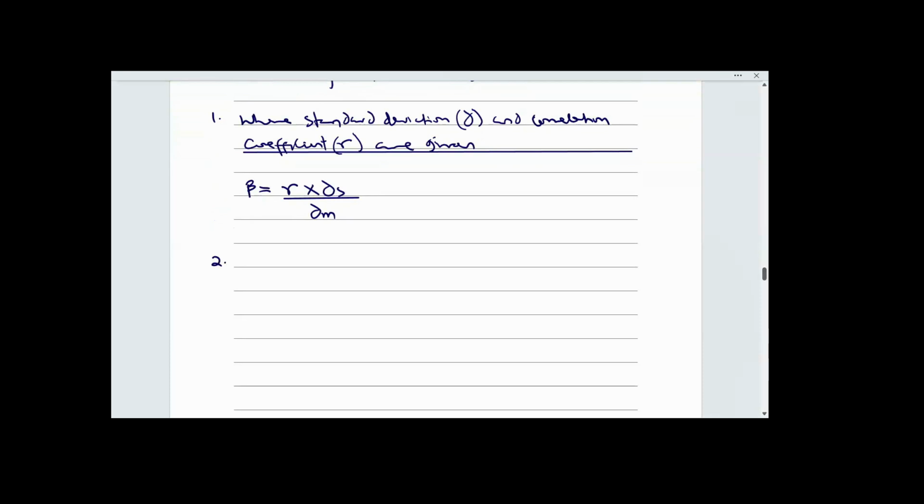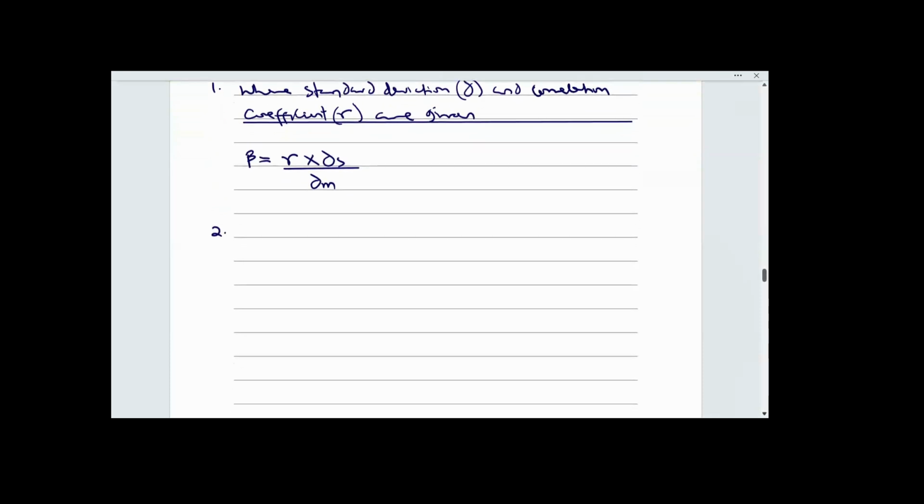Okay. Then the second one, the second most tested formula. Okay. The second most frequent question under CAPM is where you are given covariance, where covariance and variance are given.